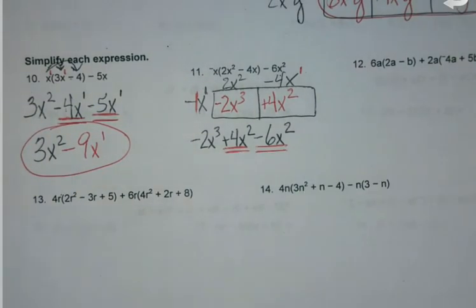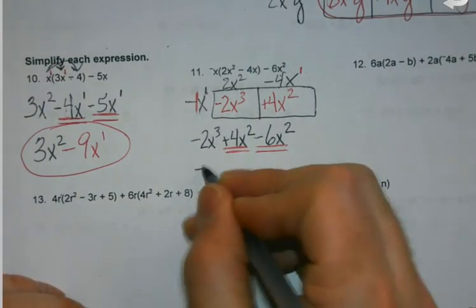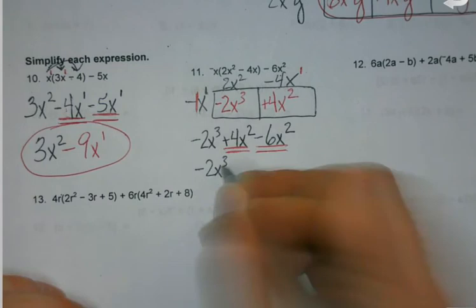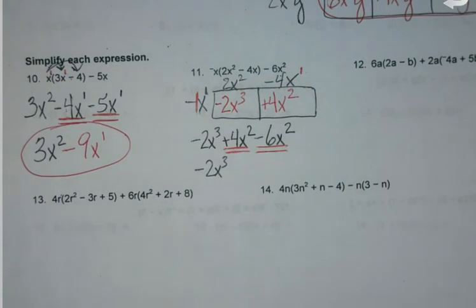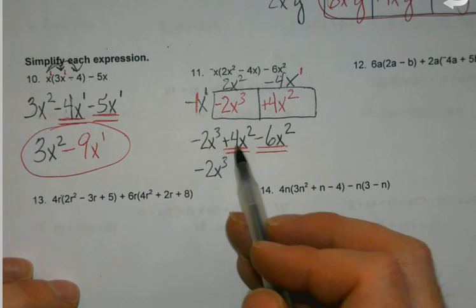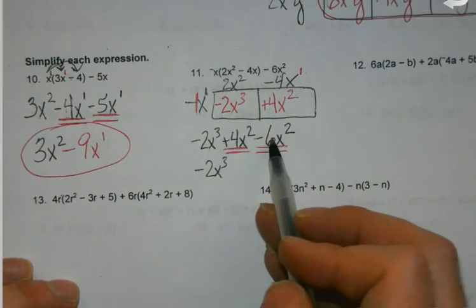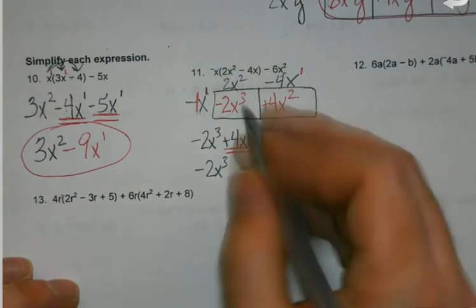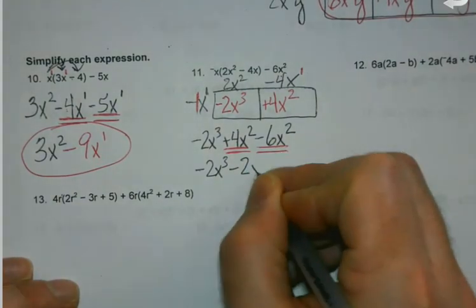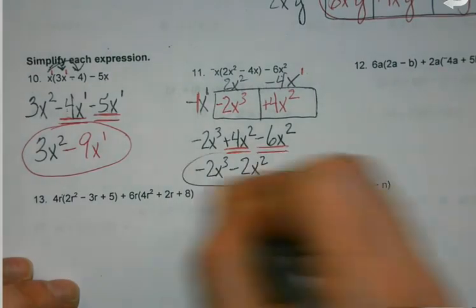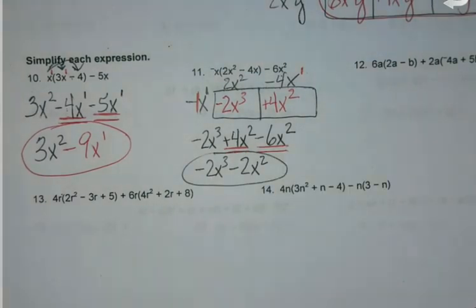Well, these two, they're both x squareds. So if they're both x squareds, again, I gotta watch for signs though. I have $4, oops, I went and spent 6. I'm $2 in the hole.